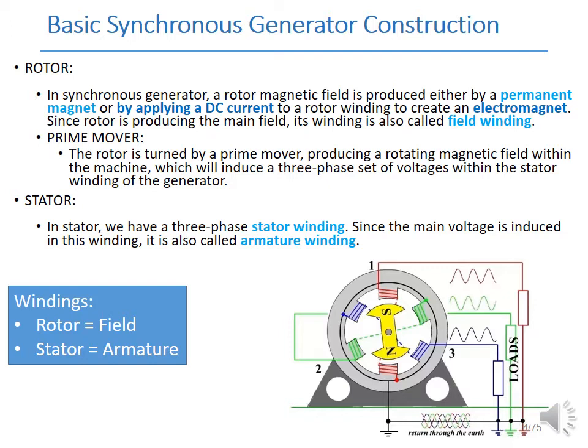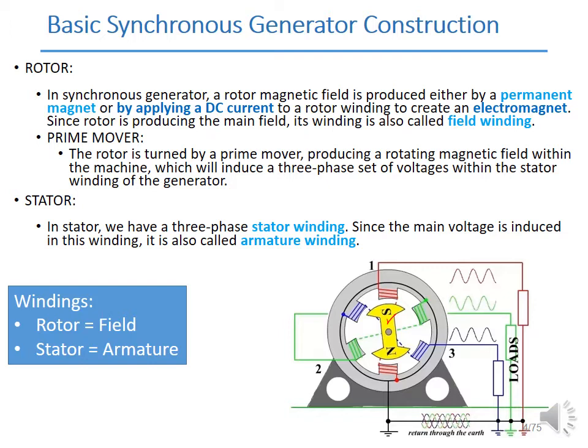If you look at the illustration at the bottom here, the middle part colored in yellow is the rotor, and as has been mentioned, this can be a permanent magnet or a winding that will function as an electromagnet.